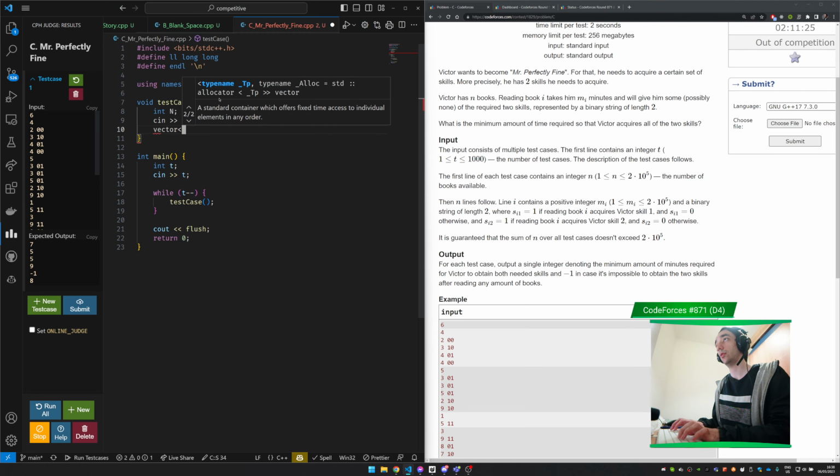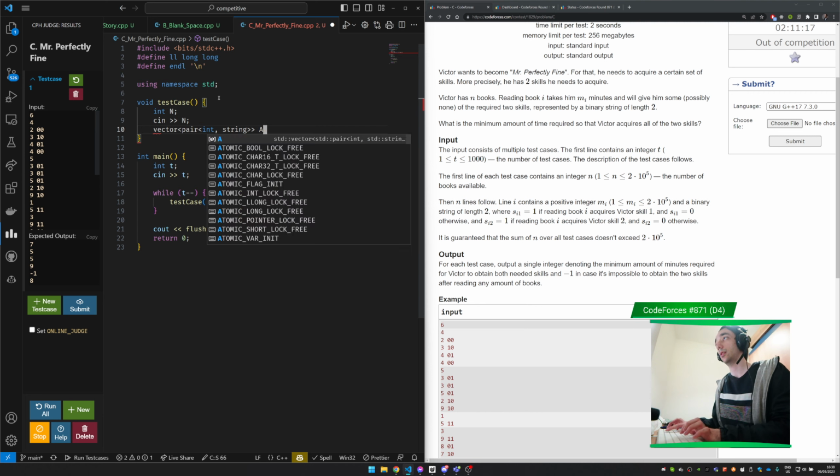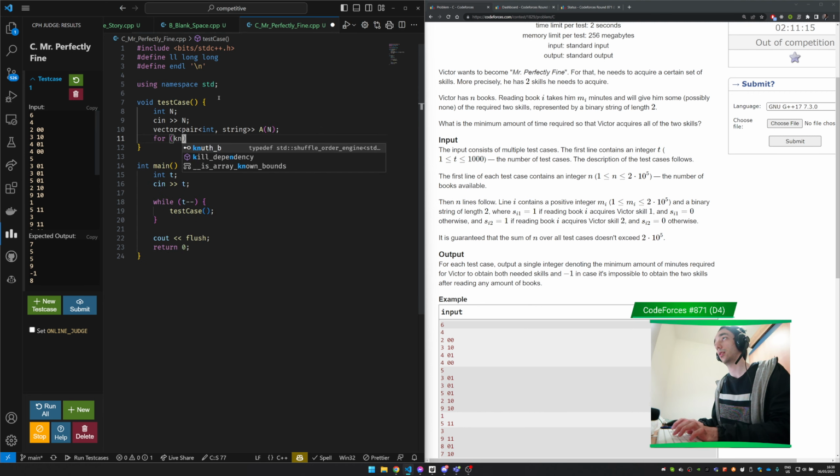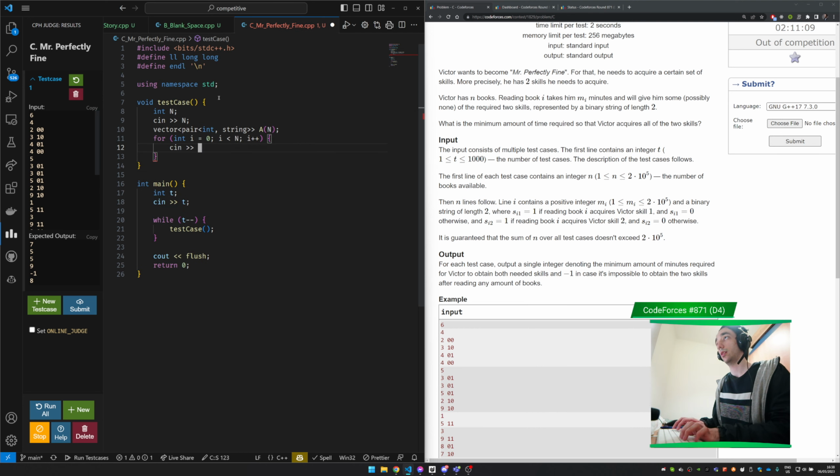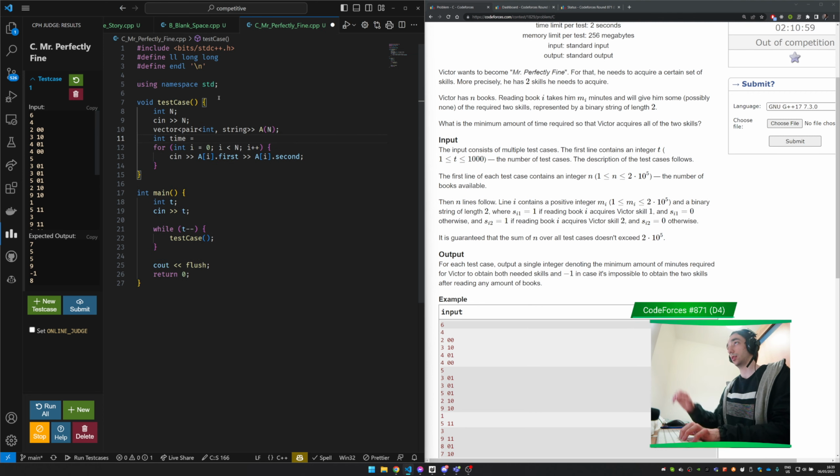So I will just have a vector where I will have a pair, and then I will have a string or something like this. Let's say this is A. I will read them, and then one time is like, I'll say maximum time.